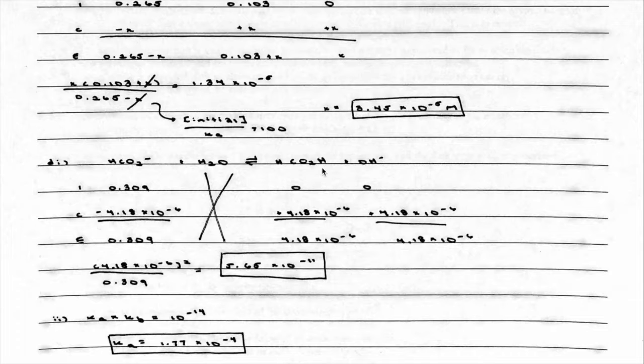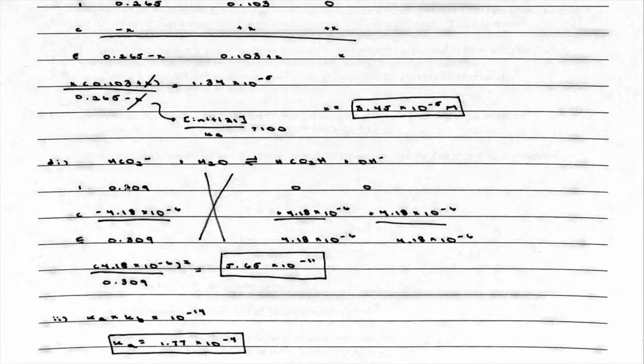So this wording is a little bit tricky. It tells me my concentration of OH minus. What it is saying is that that's the concentration of OH minus at equilibrium. Meaning, if the concentration of HCO2 minus is 0.309 at equilibrium, the concentration of OH minus is going to be 4.18 times 10 to the negative 6.